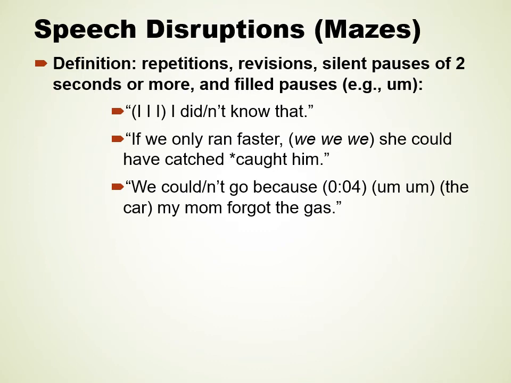They're in parentheses to show that they were mazes. So let's look at the first one. "(I) I didn't know that." That's an example of a repetition. "If we only ran faster, (we,) she could have caught him." Or catched him. That's an example of a revision. The revision is from we to she, although there's also some repetitions there. And you note that the student said catched instead of caught.